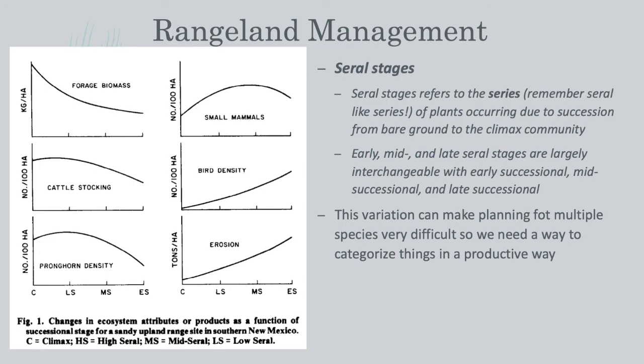Whereas the forage biomass, this makes perfect sense, right? The forage biomass is the highest in the climax community and the lowest in early cereal. Now, the forage that you're interested in can change, obviously, and that shape is not going to be the same in types of ecosystems, right?